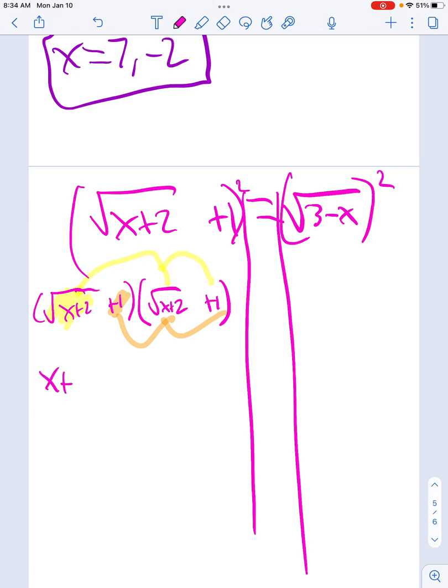So I'm left with square root of x plus 2 times square root of x plus 2 is just x plus 2. I'm going to get square root of x plus 2 times 1 twice, so I'm left with 2 square roots of x plus 2, and then 1 times 1 is 1. I do have some like terms, so we can add these right here.